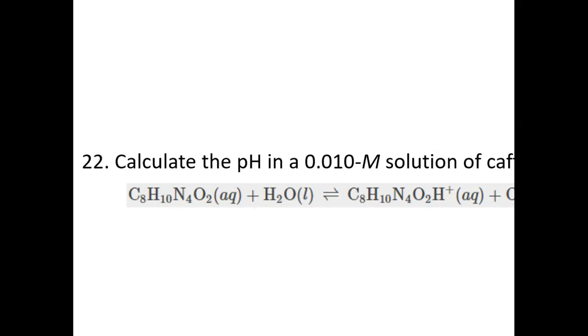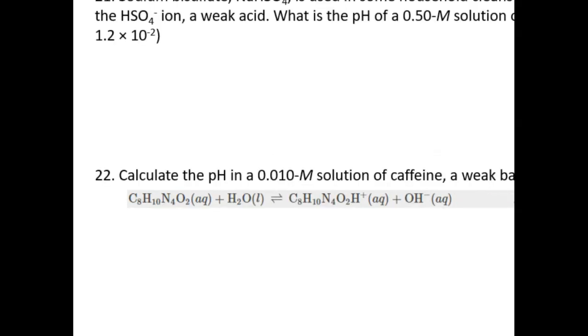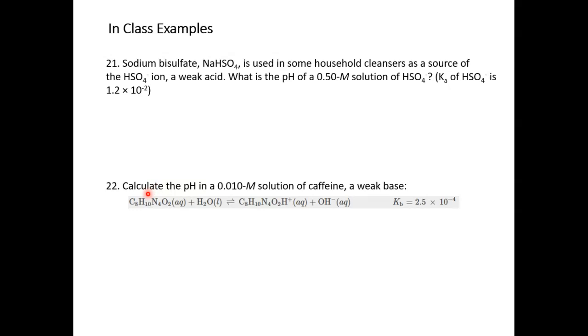How can you recognize if something is a weak base? You're really looking for if it's got that nitrogen in it, just like ammonia, NH3. If the compound has nitrogen in it, guys, that's going to act as a base.